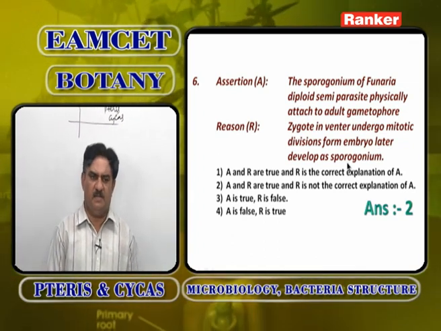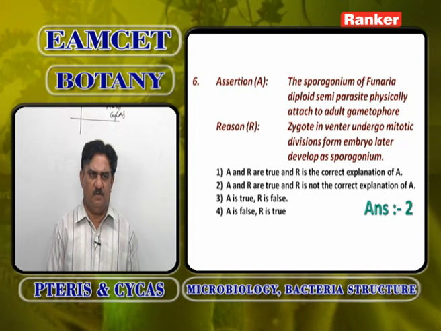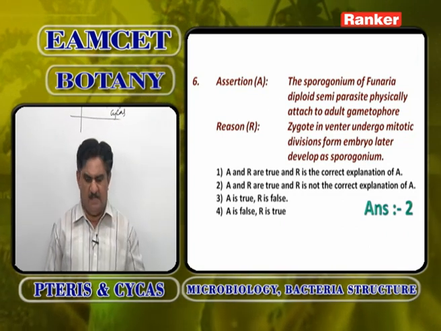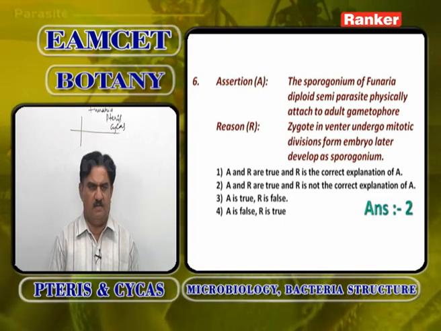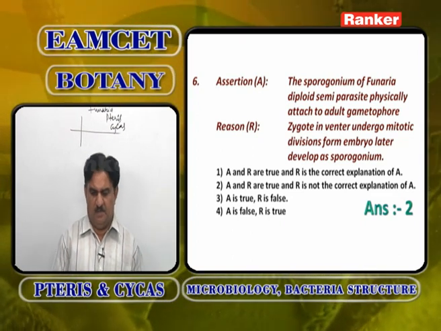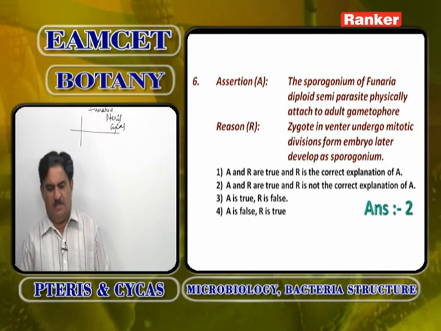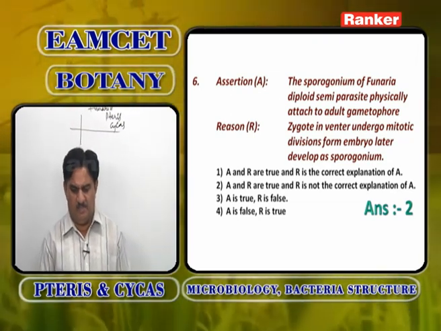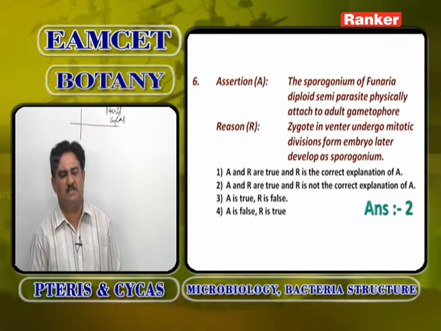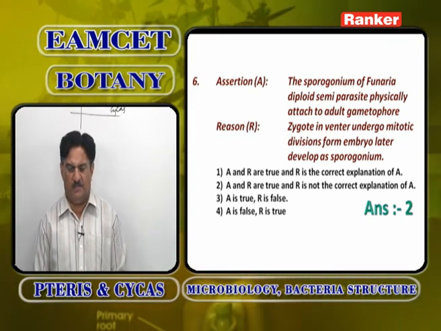The zygote is present on the lateral branches. It first develops into embryo, later develops as sporogonium.